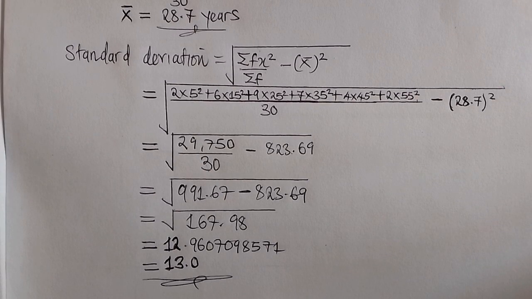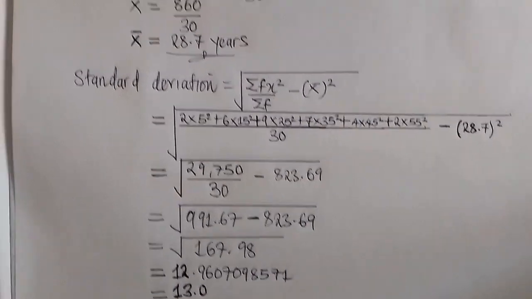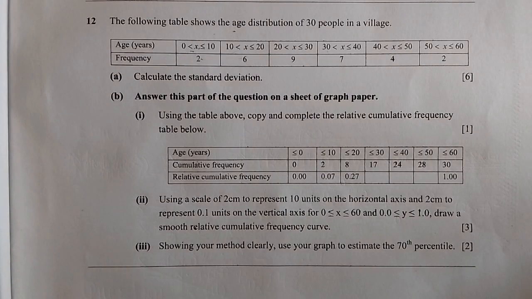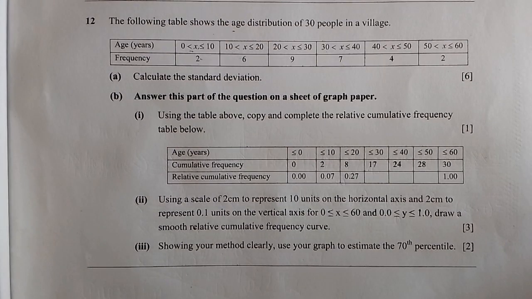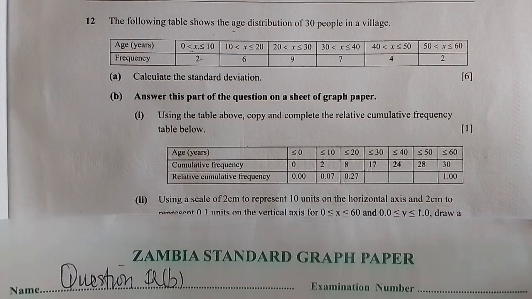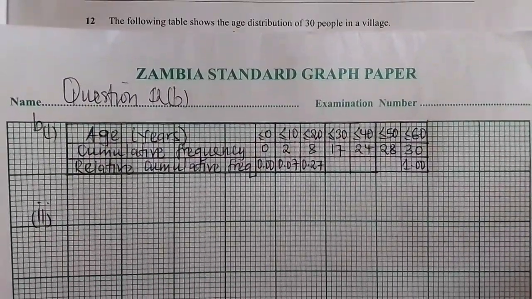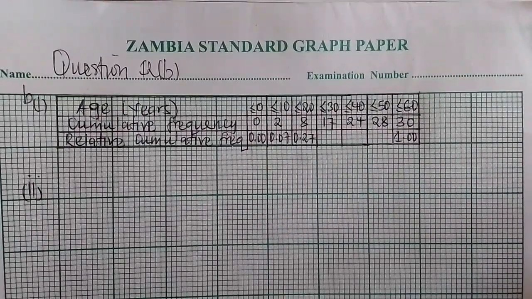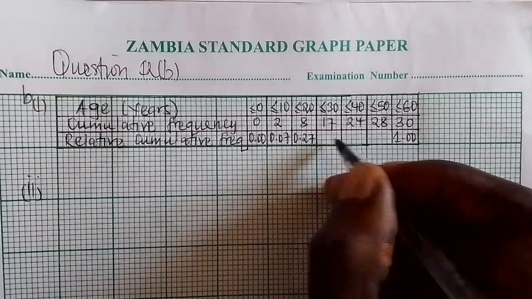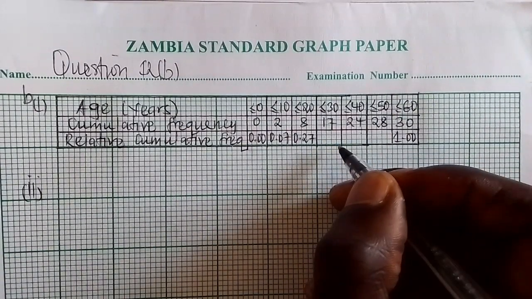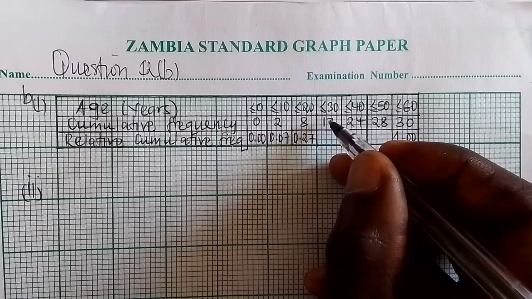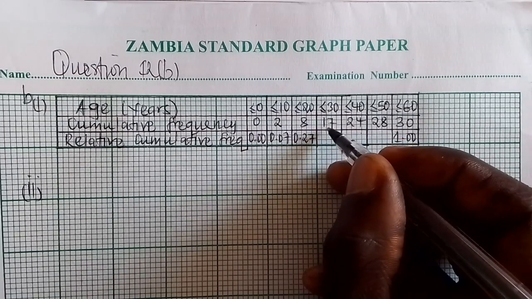Then we go to B. Now for B, what we're going to do is first of all draw the table. For part B1, I've already drawn the relative cumulative frequency table, and all we have to do is work out the values that are missing in these 3 boxes. For this, we go to 30 here.